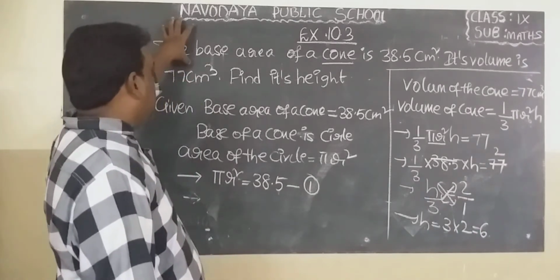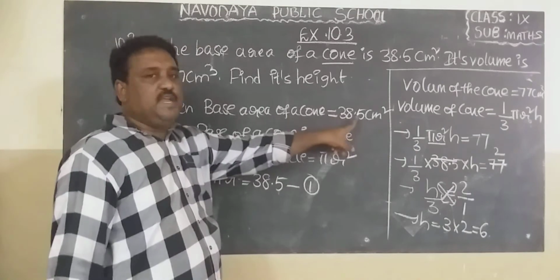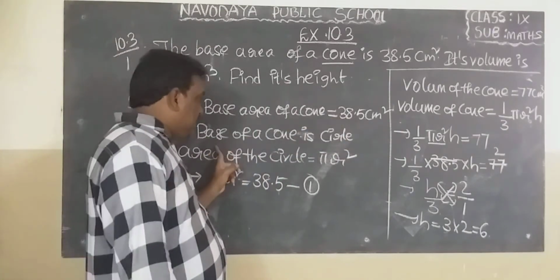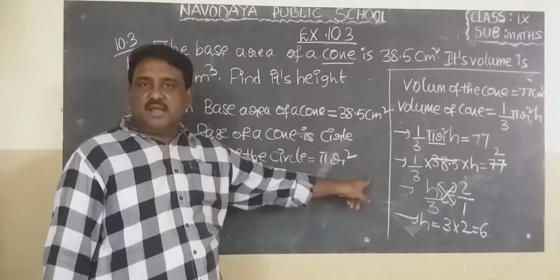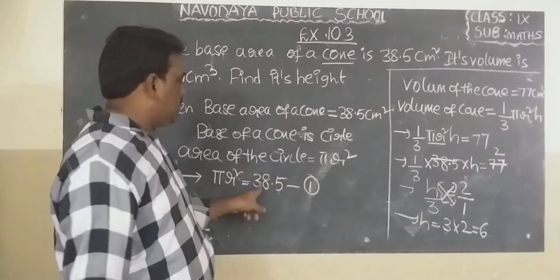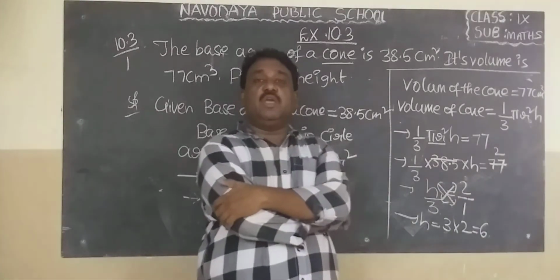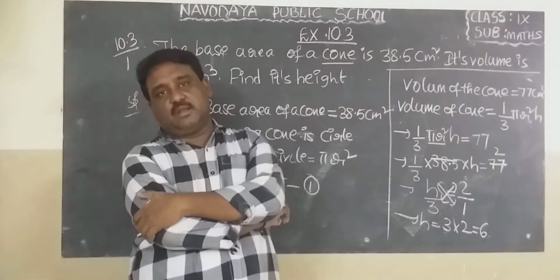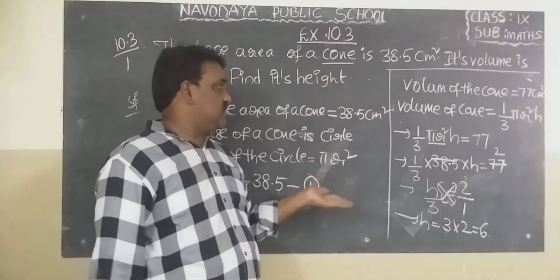See the problem again. First condition, base area of a cone is 38.5. What is the base of a cone? Circle. What is the area of the circle? Pi r square. So pi r square equal to 38.5, equation 1. Then volume of the cone equal to 77 centimeter cube. Volume formula is 1 by 3 pi r square h.